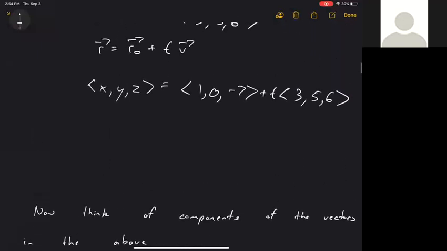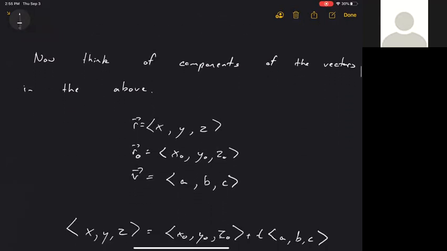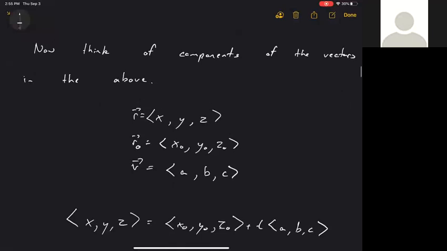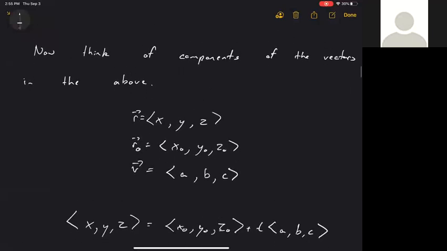But writing it out like this is a nice segue into a different way to write these equations of lines in R3. So think about these components of these vectors, which we've just written out. Let's do it in the general case for now. So we said, okay, R, my general point on my line, is going to be the vector x, y, z.